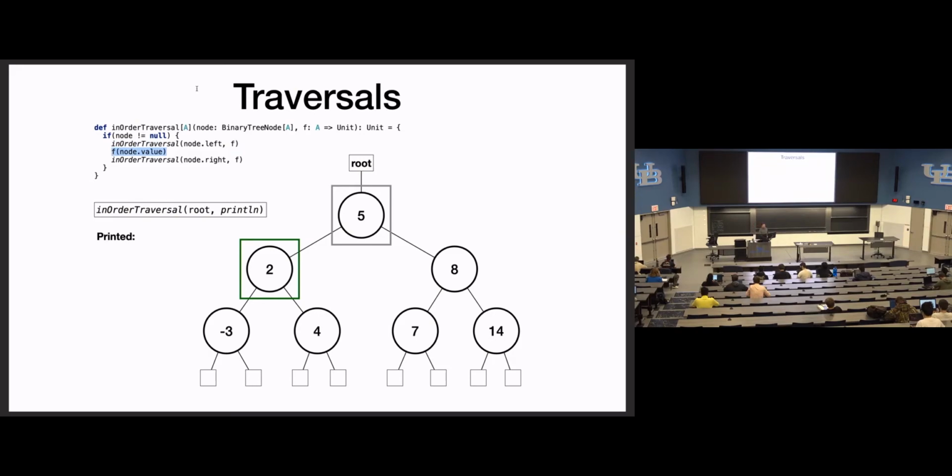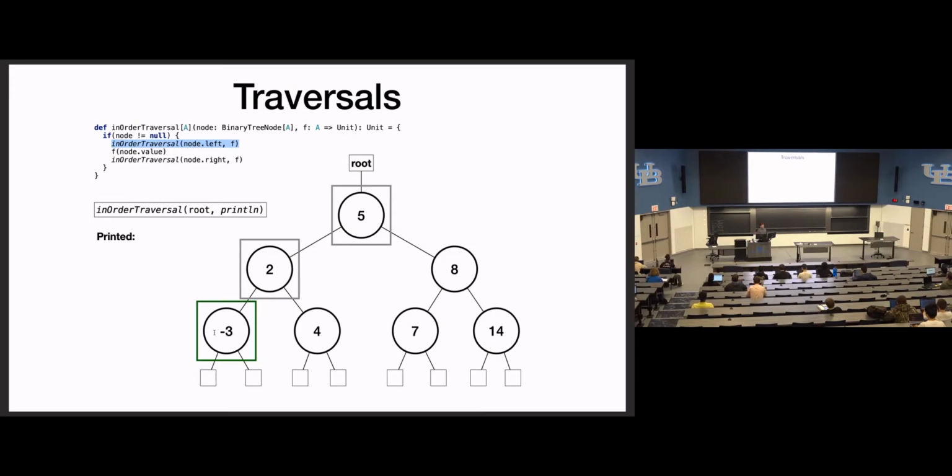We're right here making this recursive call on the left child with value 2, which is going to make a recursive call on its left child, this node containing negative 3. So we have 3 frames on the stack. These 2 frames are both waiting for that stack frame to return. Once it returns, they can continue execution.